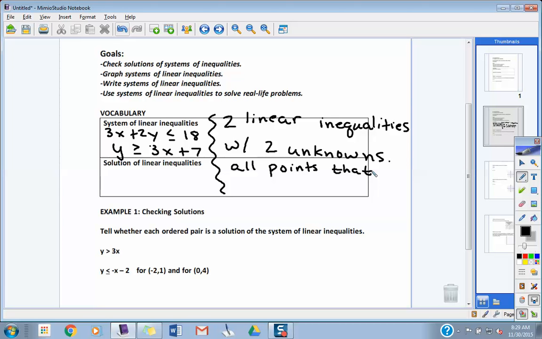One or two? Two. So it's going to be all points that make, here's the key word, both inequalities true at the same time.